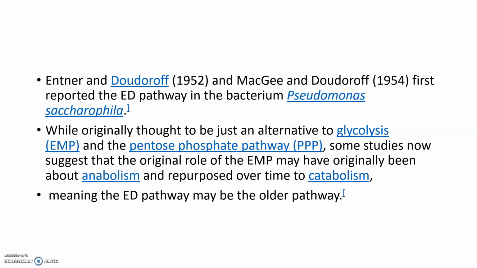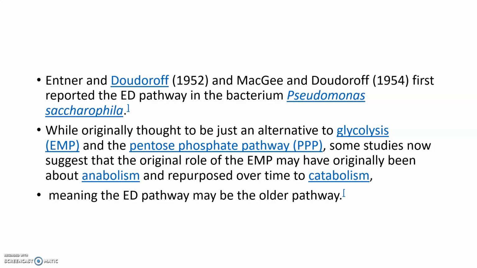While originally thought to be just an alternative to glycolysis and also the pentose phosphate pathway, some studies now suggest that the original role of EMP, that is glycolysis, may have been about anabolism and repurposed over time to catabolism.